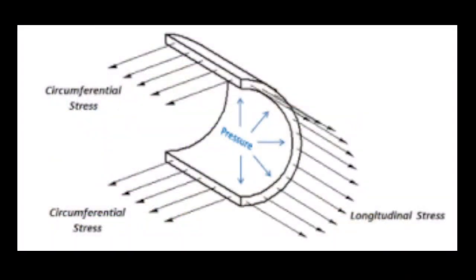As you can see, the hoop, or what we call the circumferential tension, is the one in the walls of your cylindrical storage or your cylinder, created in the walls, and that's the direction, class.